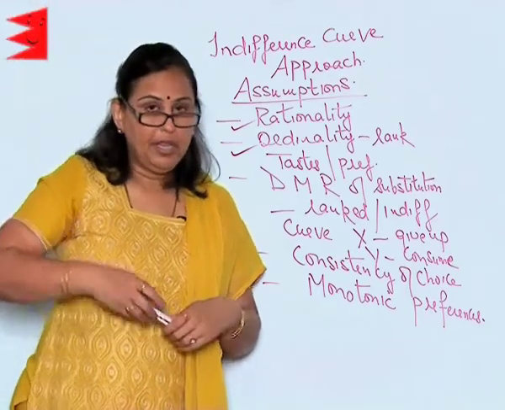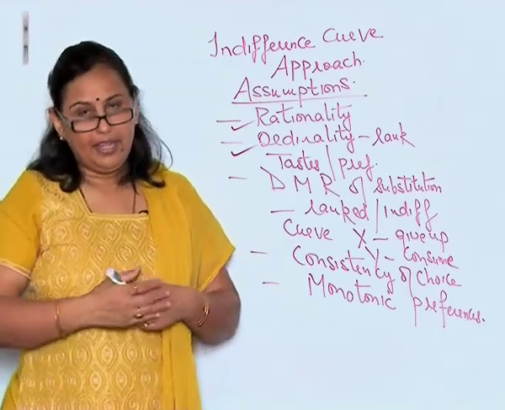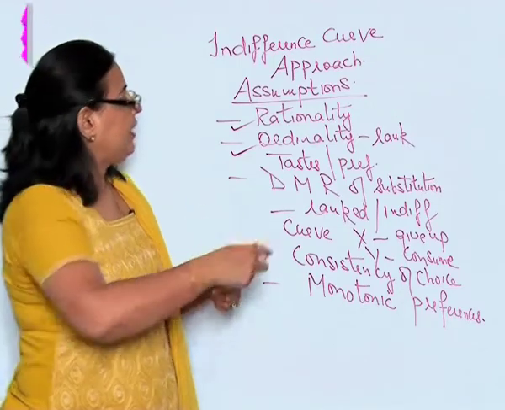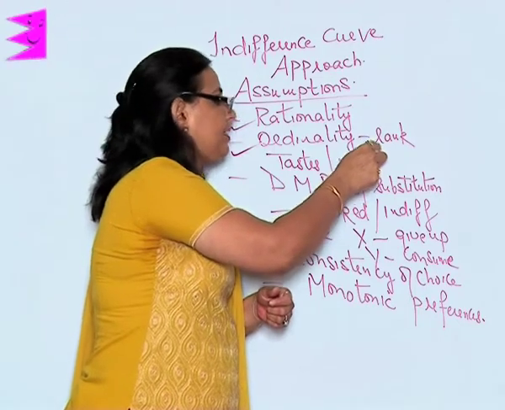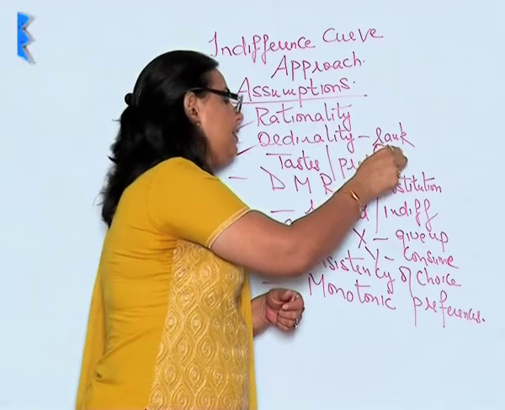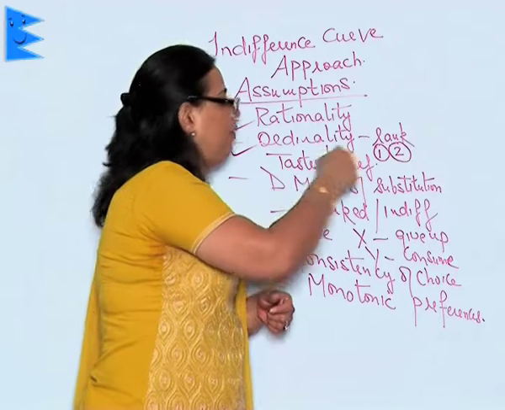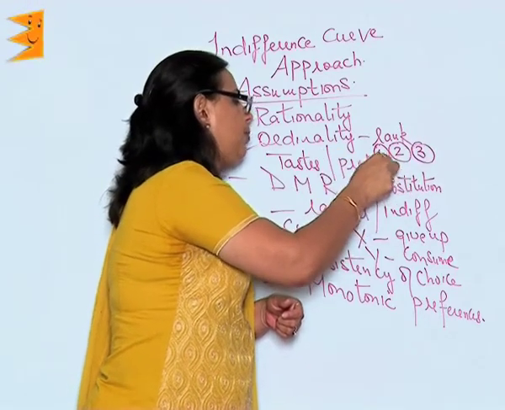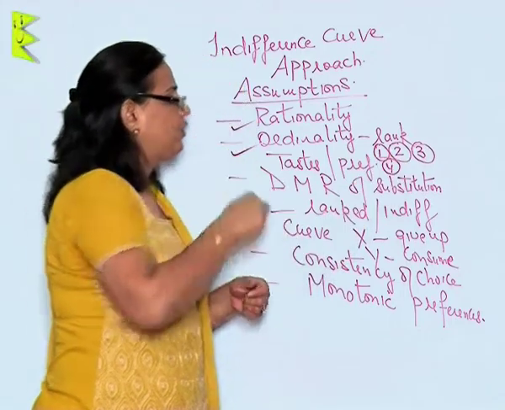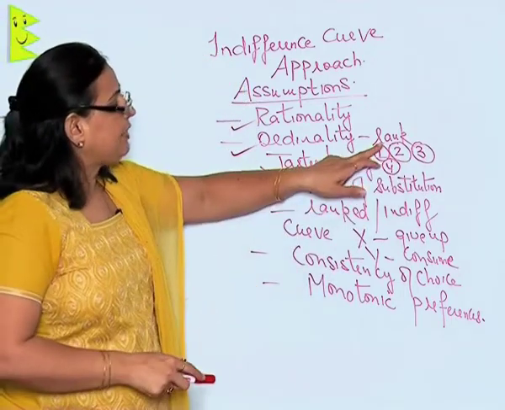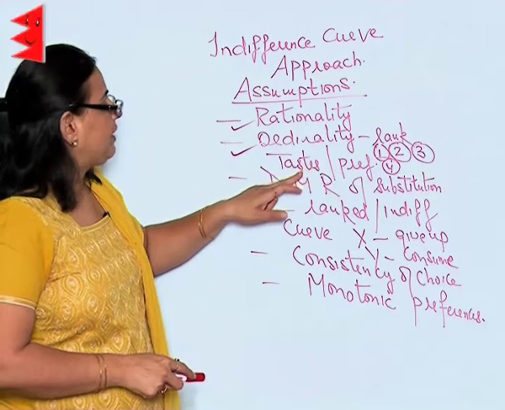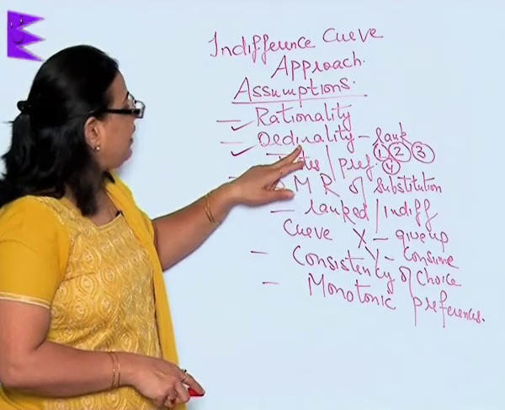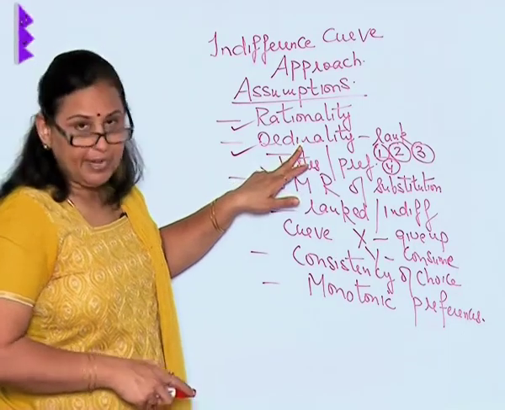For example, with the income that I have, I could be ranking, say, first to my clothes, second to my food, third to my house rent, fourth to the fees of the children, and so on. So the ranking which I have done could be on the basis of my taste and preferences. So the ordinality is done by the consumer.